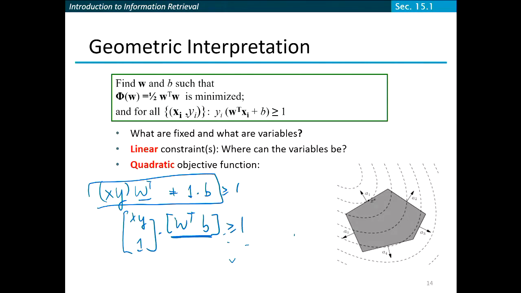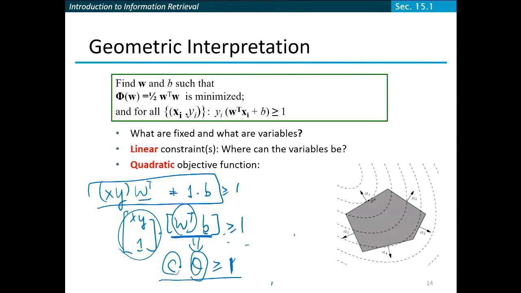If you think about W transpose B, it's going to be a row vector, and you append the other variable there, so that's going to be a new variable, let's call it theta. And this is just going to be a constant vector. So basically, it's going to be C times theta greater than or equal to 1. Again, C is a constant. So what does it mean?